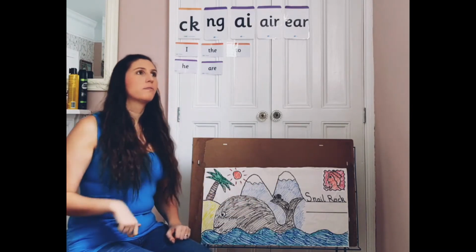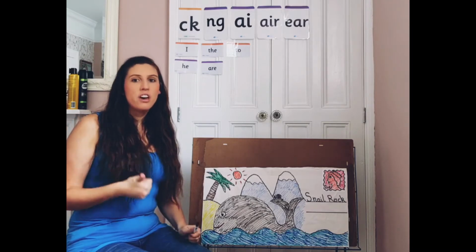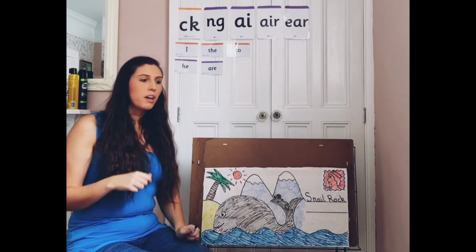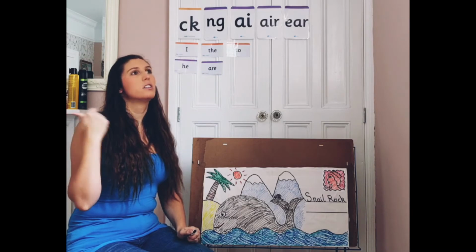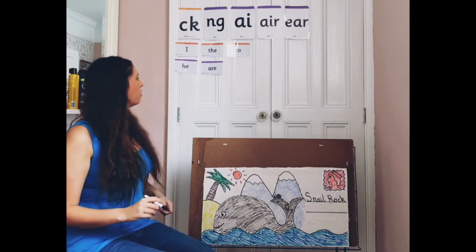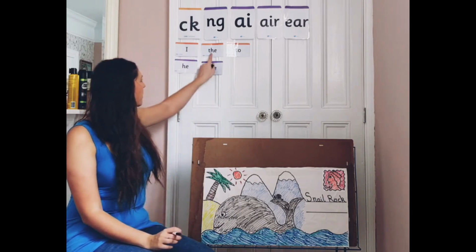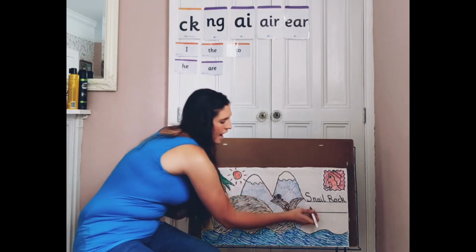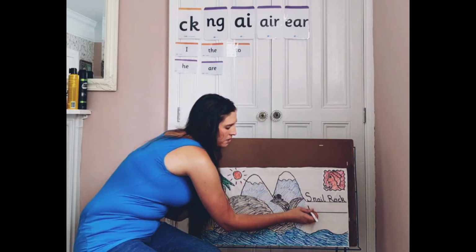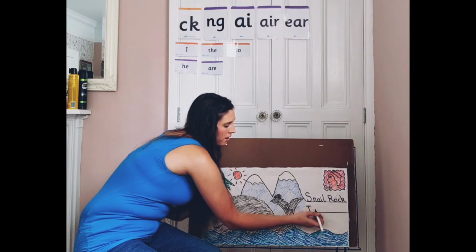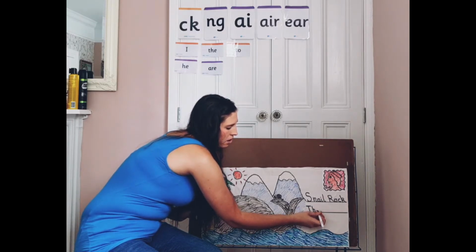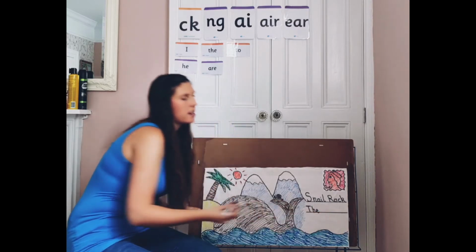Okay, let's say that again. The dock. Just 2 words, the and then dock. Okay, so that's a tricky word. Here it is. Again, I'm going to put a capital at the start, so capital T for the, because again it's the name of a place, isn't it? The, and then dock.